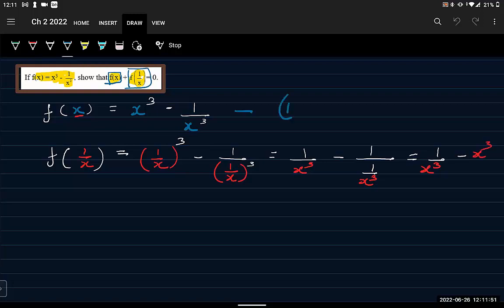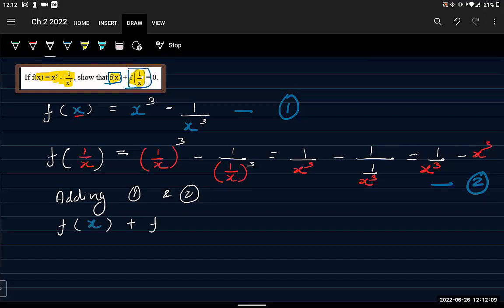Let the first result be equation 1 and the second answer be equation 2. Adding both 1 and 2, we can say f of x plus f of 1 by x is nothing but equal to x cube minus 1 by x cube plus 1 by x cube minus x cube.